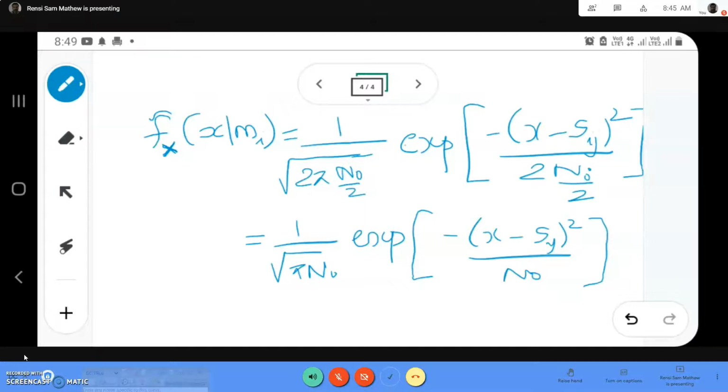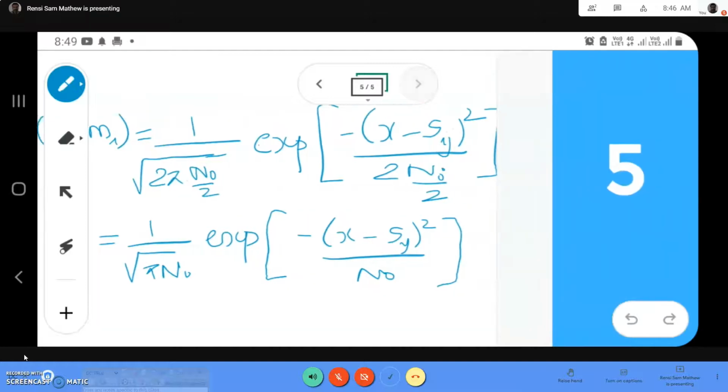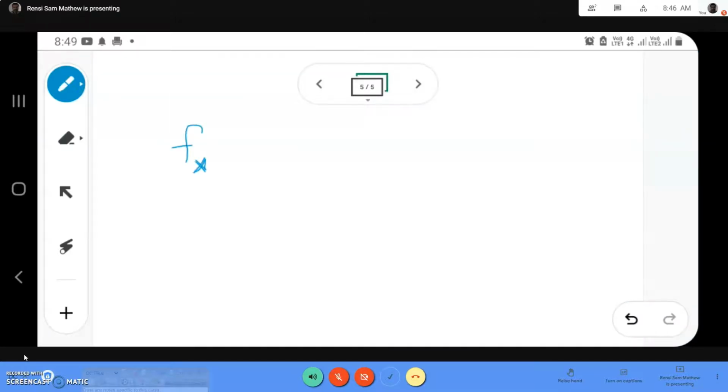This is a set of Gaussian random variables, and for such a set the conditional probability density function will be the product of the individual density functions. So I am writing f of x given mi, with the observation vector completely given, equal to the product, capital pi, where i varies from 1 to n, of f given.